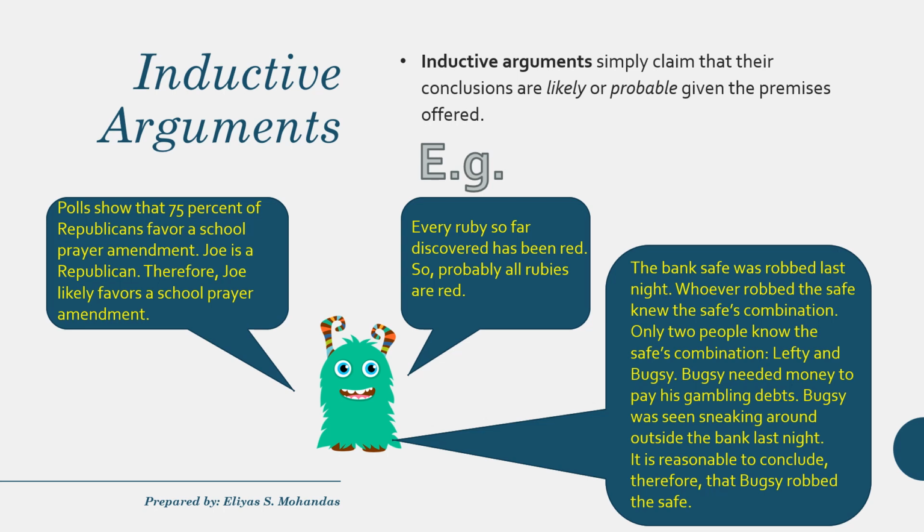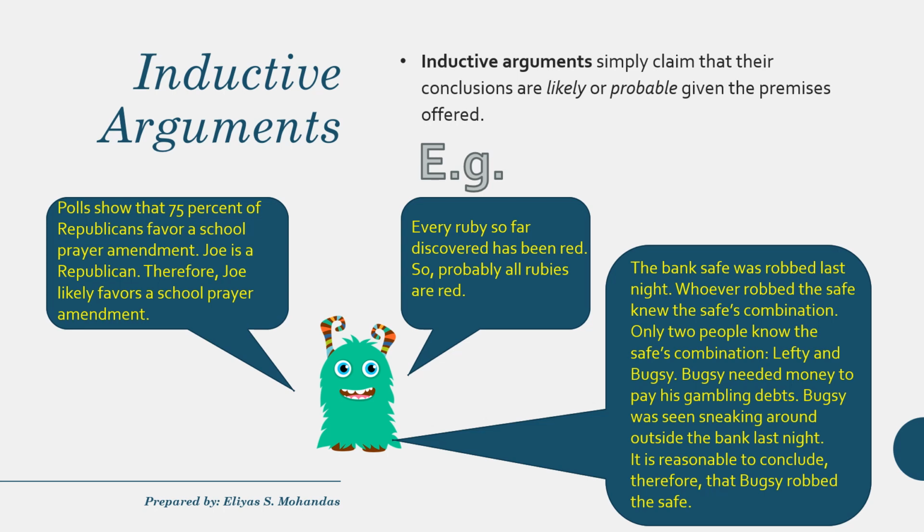Now let us look at the second example. Every ruby so far discovered has been red. So probably all rubies are red. Can you see the word probably there? Meaning to say, the ones discovered so far are all red. We have not come across rubies that are not red.